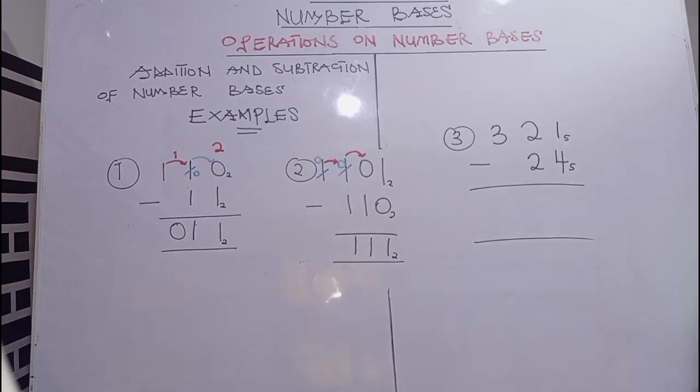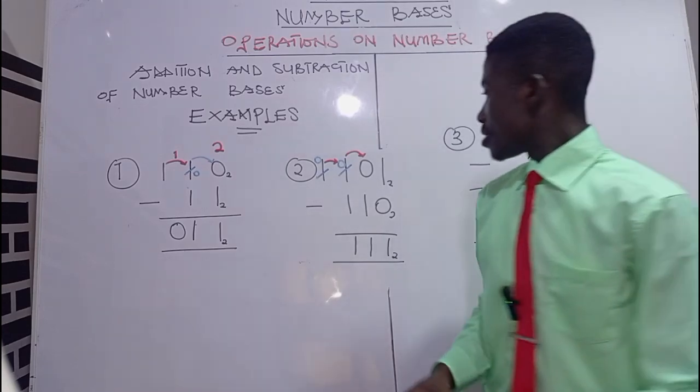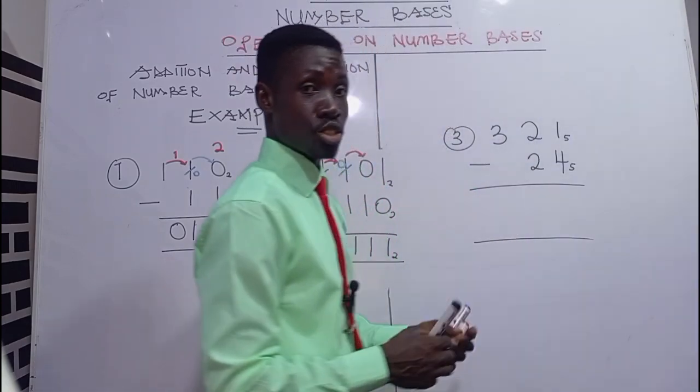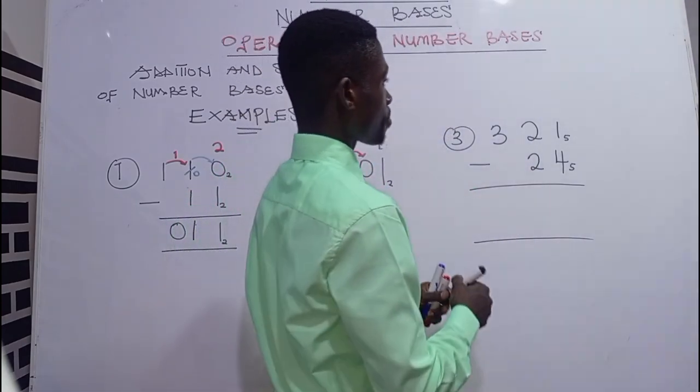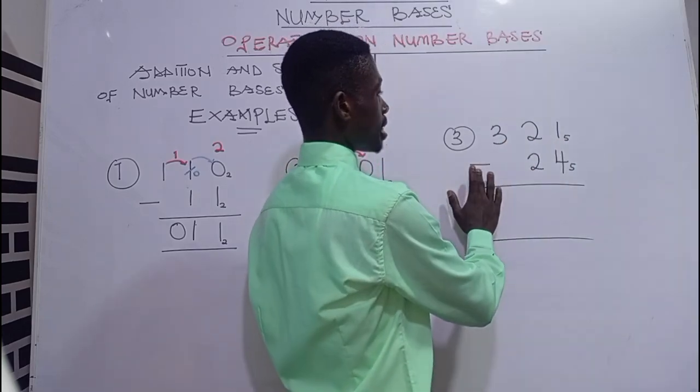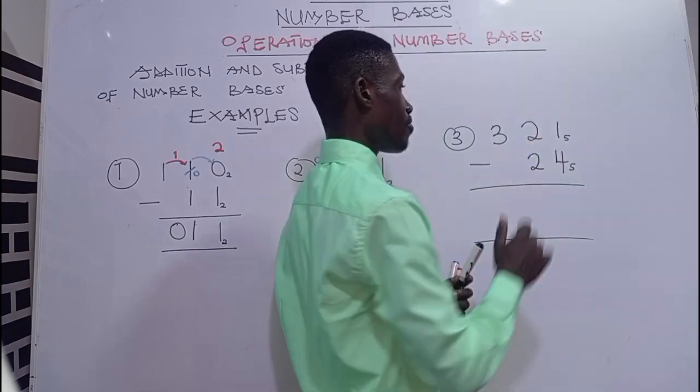Then let's solve it together and let's see if your answer is really right. So we have 321 to the base of 5 minus 24 to the base of 5.